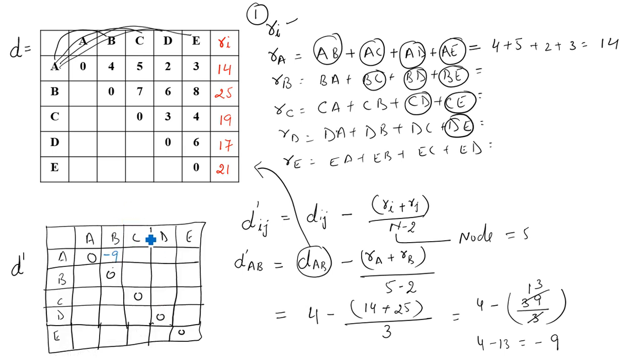It will be minus 9, minus 6, minus 8.3, minus 8.7, minus 7.7, minus 8, minus 7.3, minus 9, minus 9.3 and minus 6.7. So this is the D dash value matrix we have calculated.